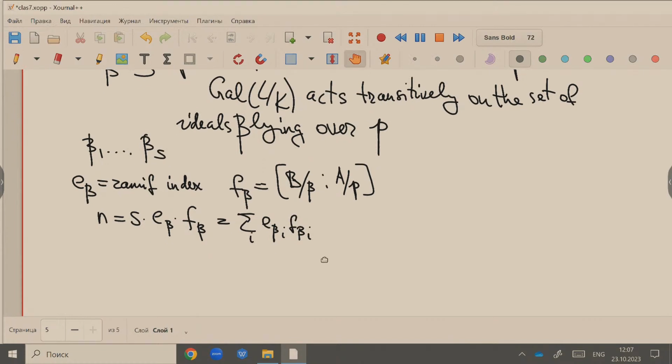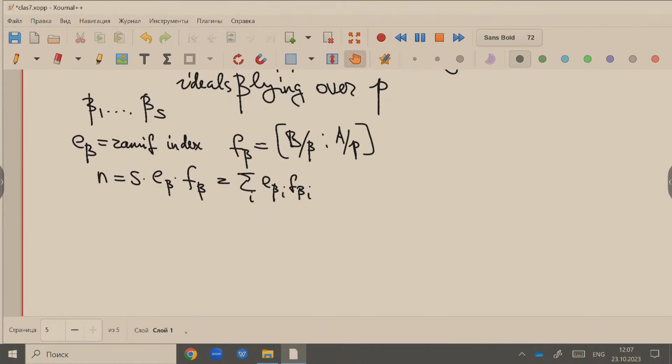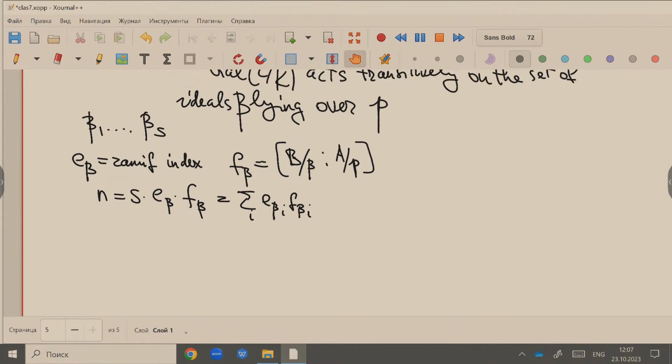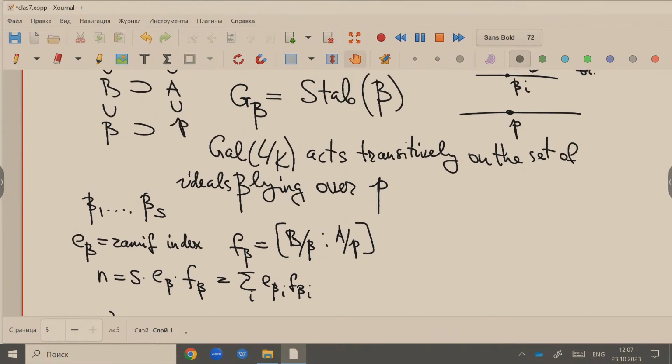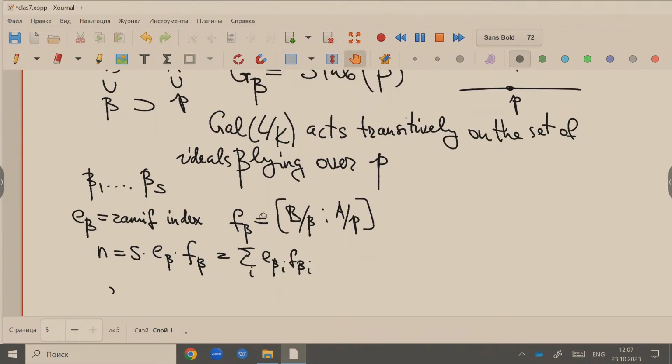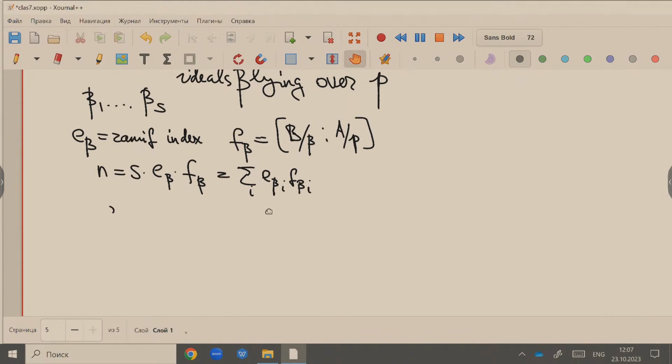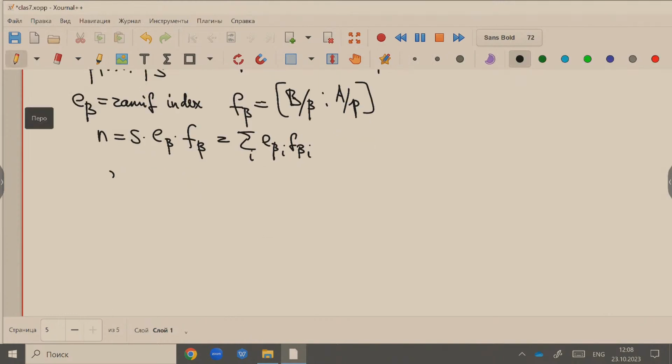So the index of G beta is s, and we also have the map from G beta. So G beta acts on the field.